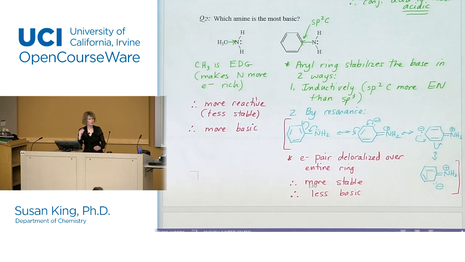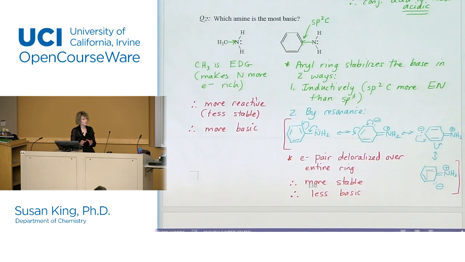So remember, when we're going in the same row of the periodic table, basicity parallels nucleophilicity. So we can make decisions based on basicity. So notice in the first one we're asking which one's more acidic. Here we're asking which one's more basic. When we ask about acidity, we look at the conjugate base. When we ask about basicity, we just look at the base and see if there's anything stabilizing it.